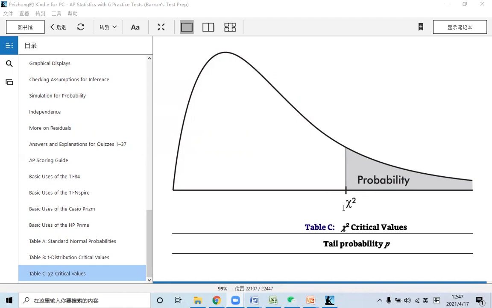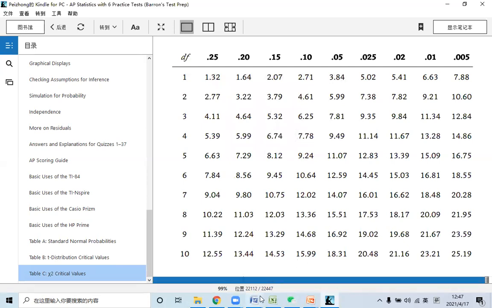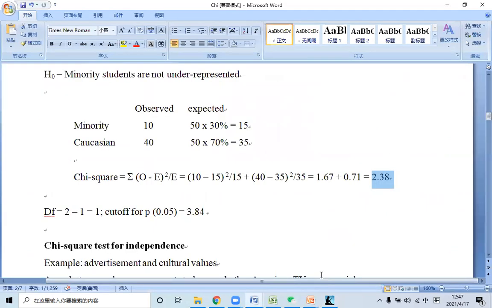We look at the chi-square cutoff, 1 degree of freedom, and we are looking at 0.05. The critical value is 3.84. That is the cutoff value.